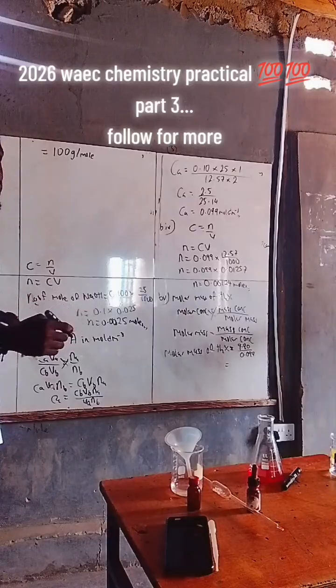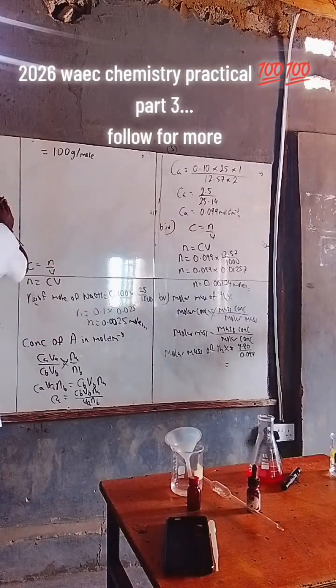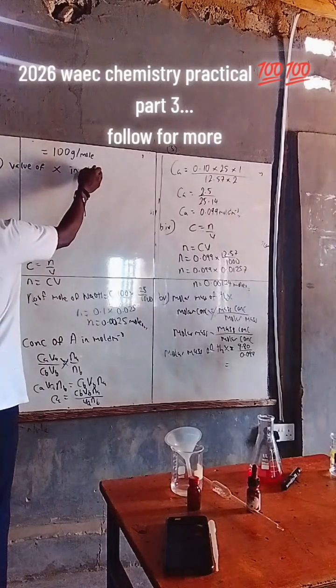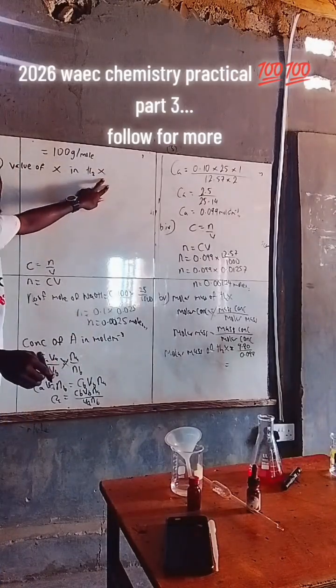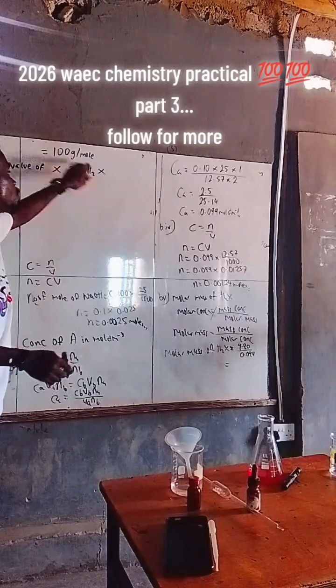So the value of X, Abi. Now value of X in what? B(vi), right? The value of X in H2X, Abi. Now what's the molar mass of H2X? It is 100, right? So that means this is equal to this, true of us.